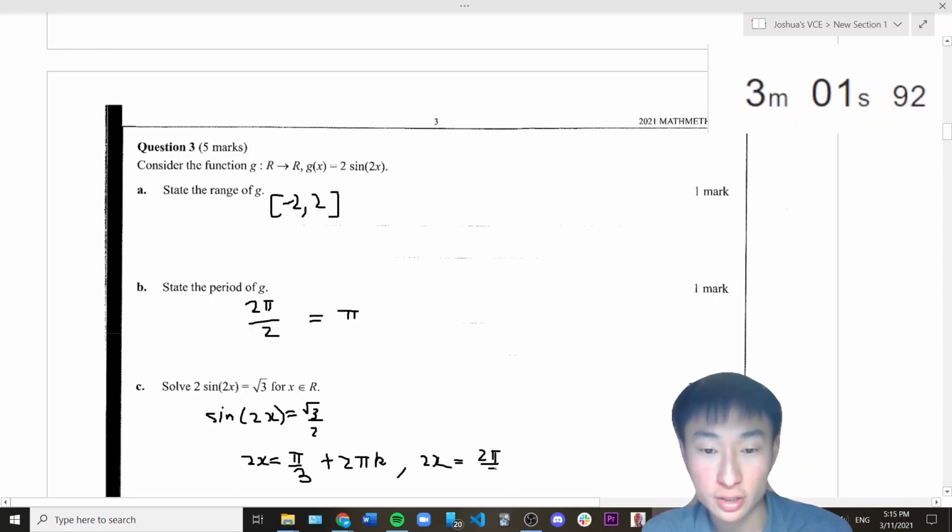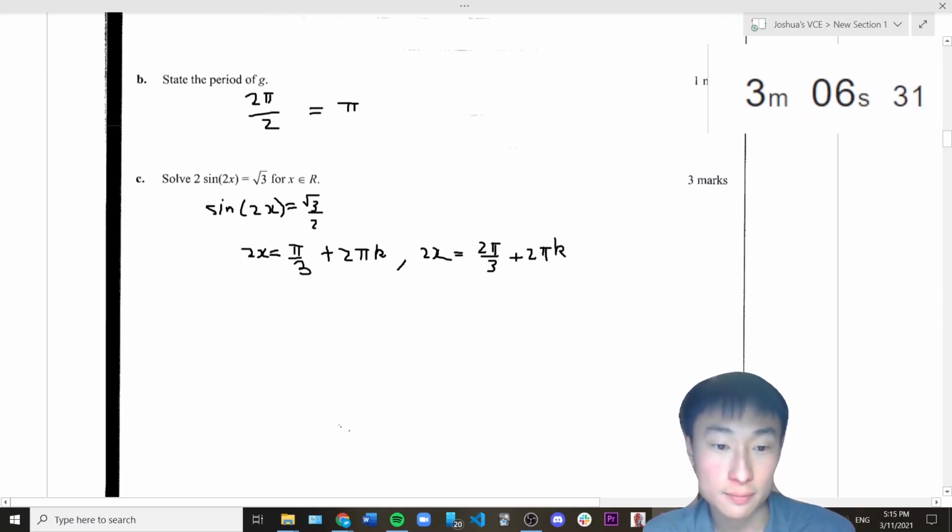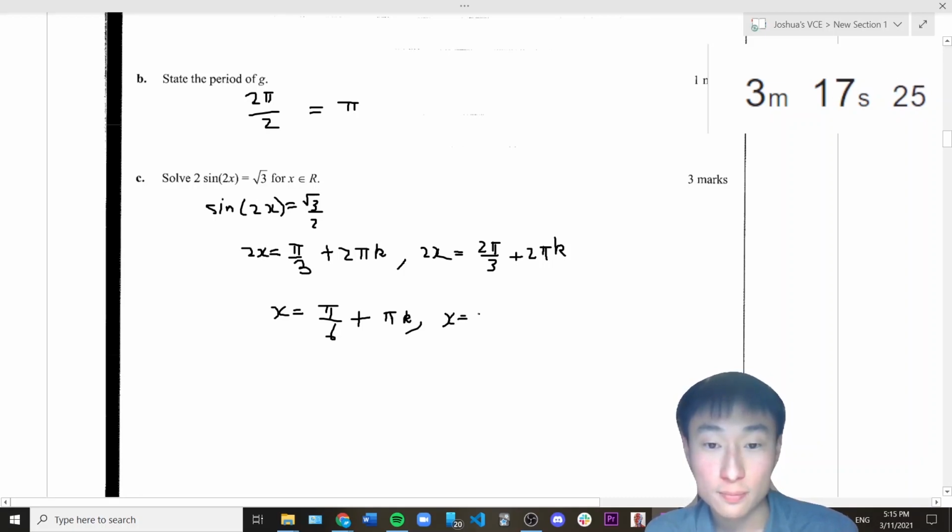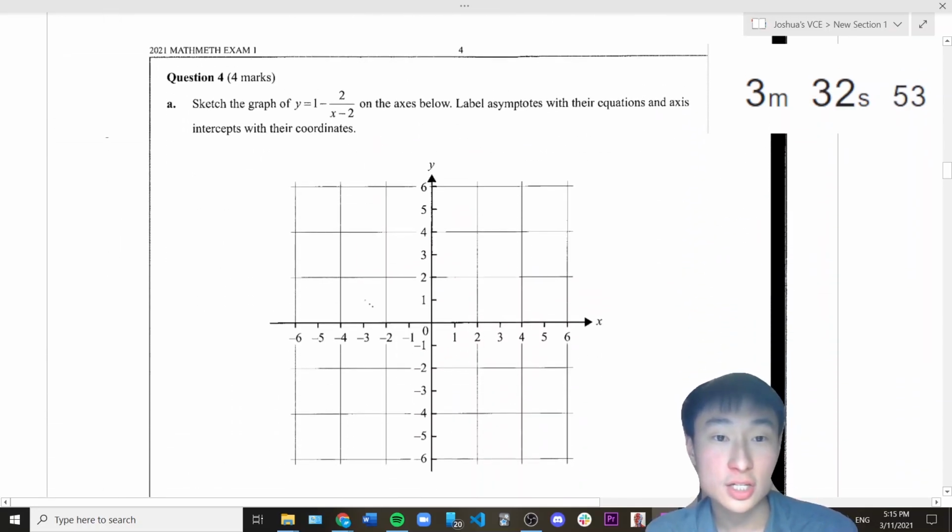So it's the second quadrant. 2 pi over 3 plus 2 pi k. x is equal to pi over 6 plus pi k, or x is equal to pi over 3 plus pi k. And of course you have to write k is an integer as well. Okay, so yeah, there we go. That looks correct.